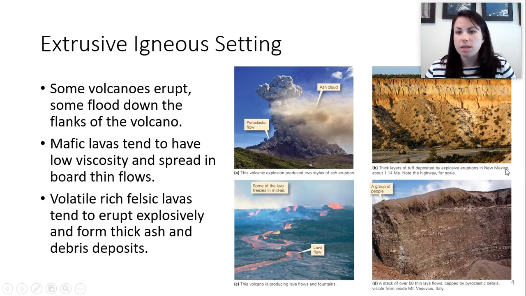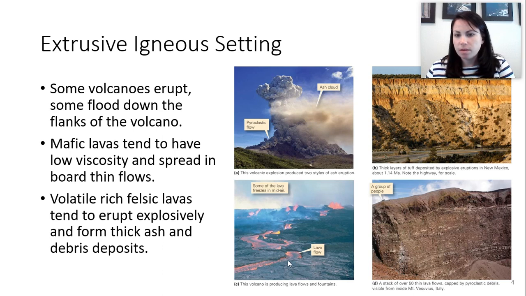So here are some examples of that on the right. Here we have a very volatile eruption. We have pyroclastic flow, and we have this big ash cloud. And that's quite a different type of extrusive event than this slow lava flow, where it's spreading into thin sheets here.